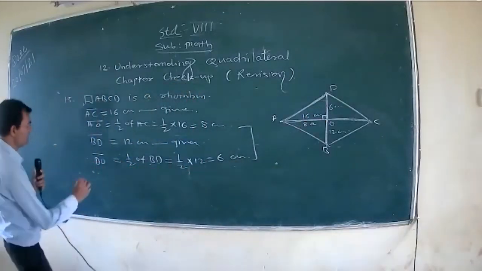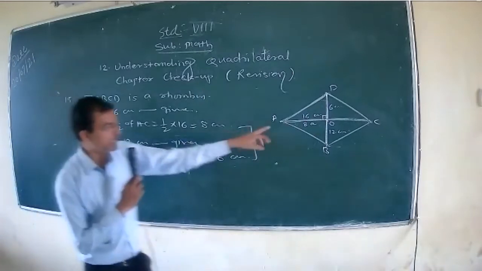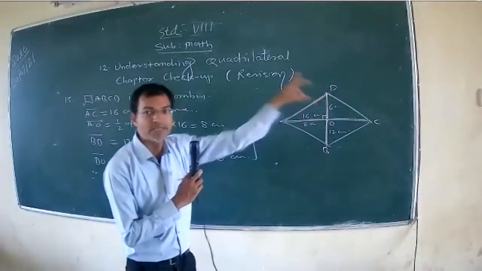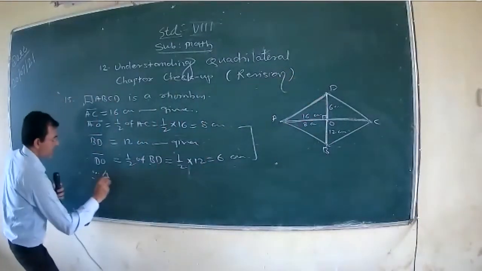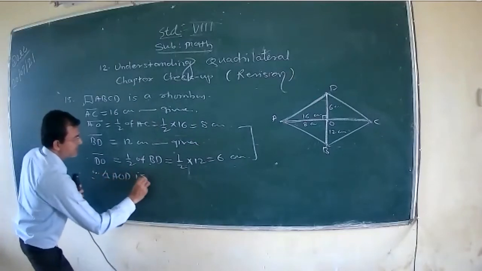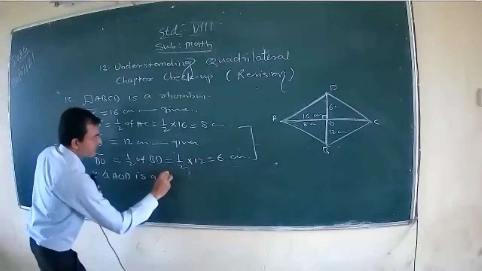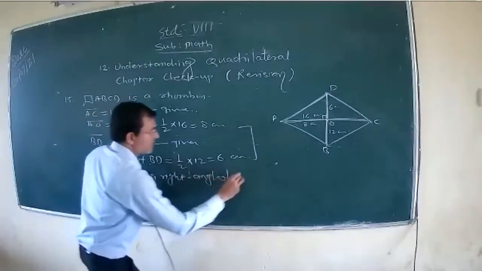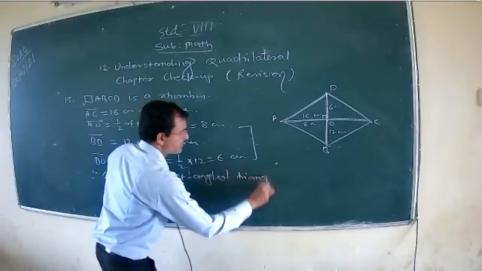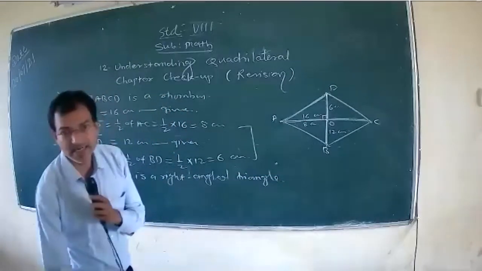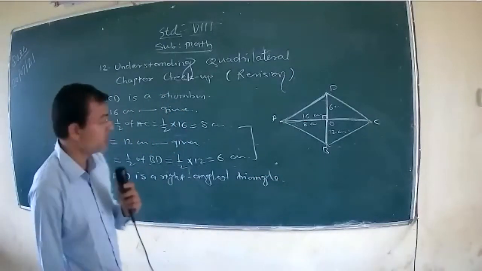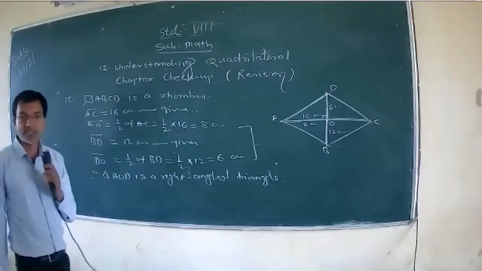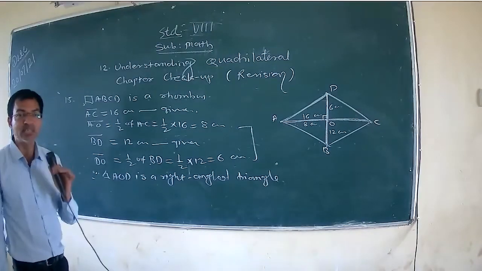Okay. Here you have to consider this triangle AOD. Triangle AOD is a right angle triangle. So you have to use Pythagoras theorem to find the third side, means hypotenuse.